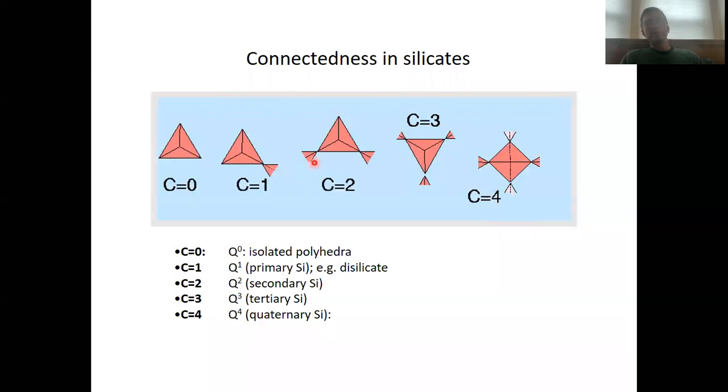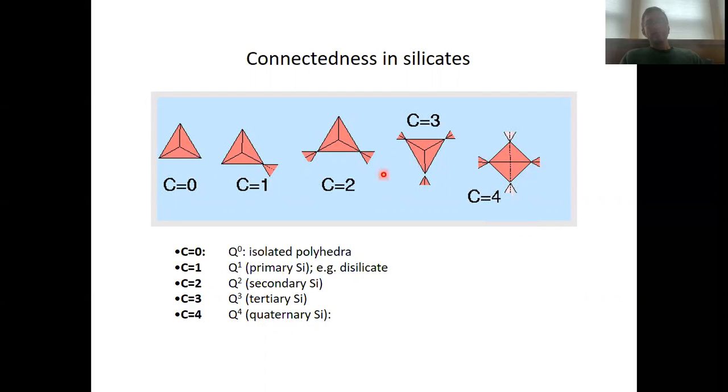When the connectedness is 2, then the tetrahedron that we look at is connected to 2 other tetrahedra. When the connectedness is 3, it is connected to 3 other tetrahedra. And when the connectedness is 4, it is connected to 4 other tetrahedra.